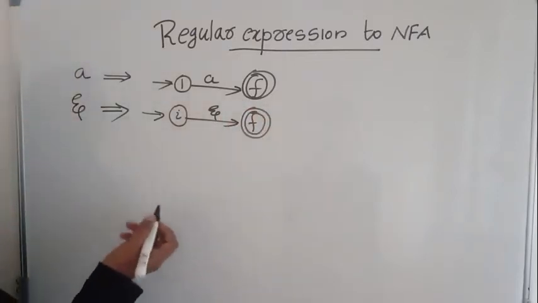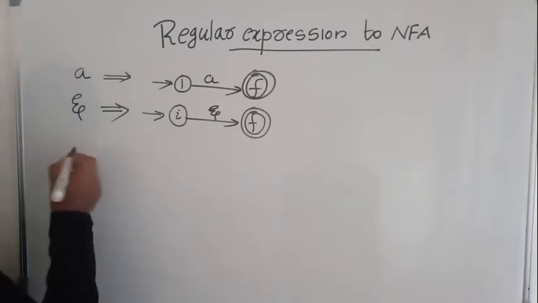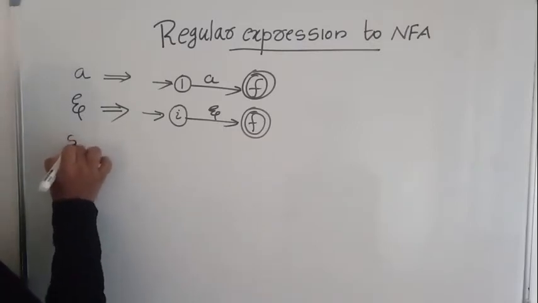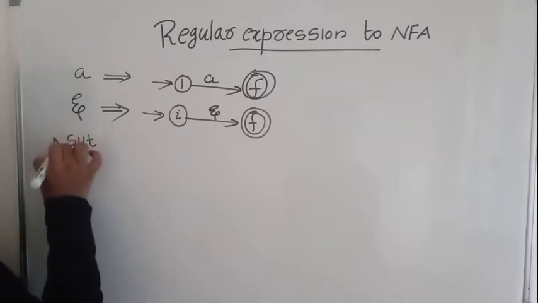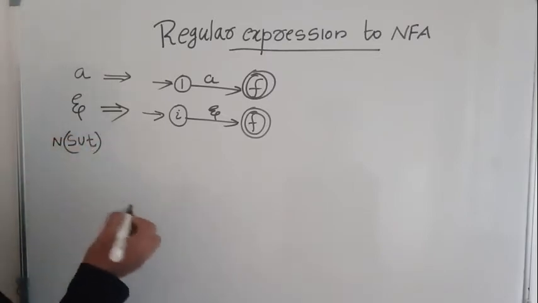Now if you have the NFA for some regular expression S, and you have the NFA for some regular expression T, and you want to draw the NFA for S union T, it will be like this.